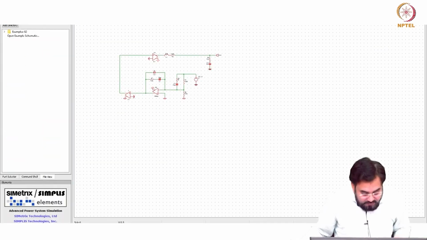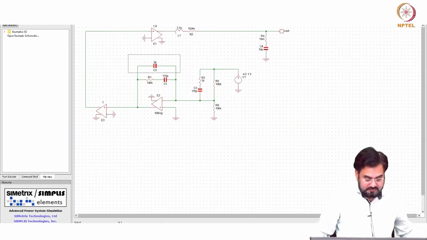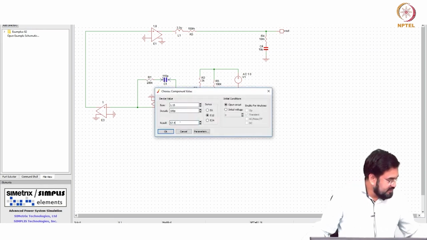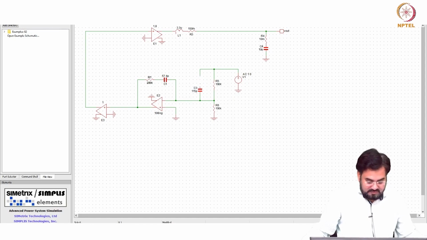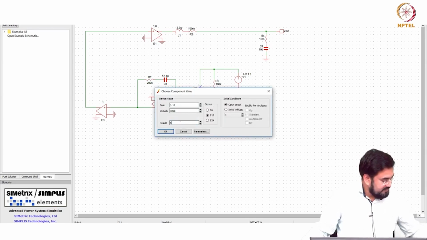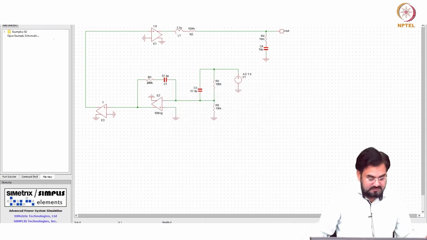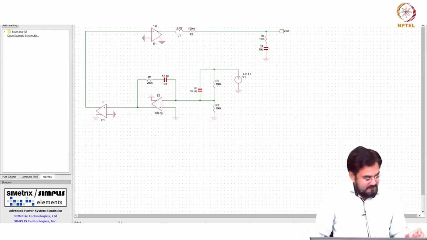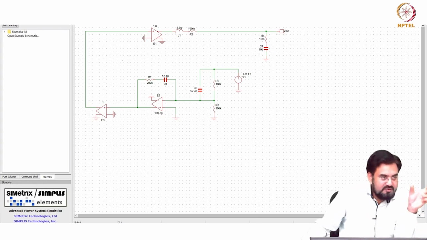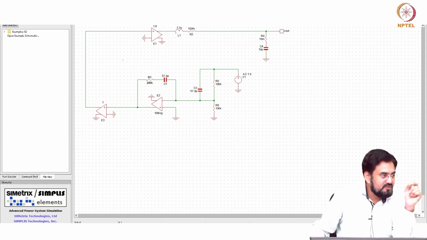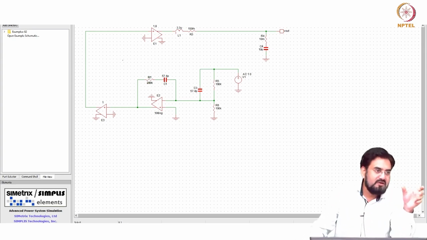So let me just open. 200K, 57.4 pico. So it's quite possible that when you do your hand calculation and when you simulate, your phase margin, what you are looking for, or your omega UGB, you may be slightly off, because those calculations most of the time are rounded off up to some decimal place.